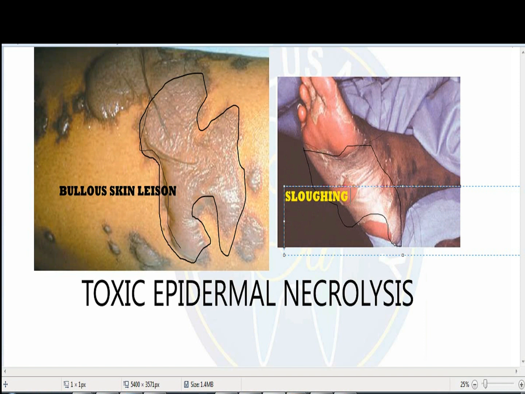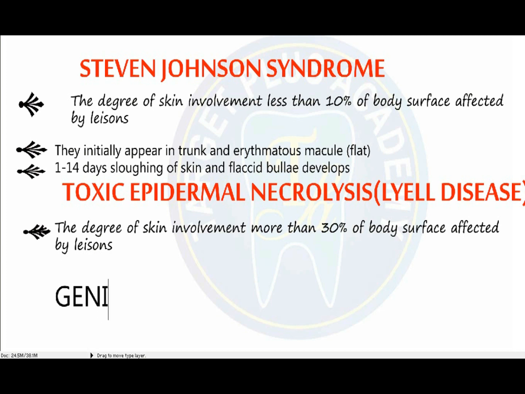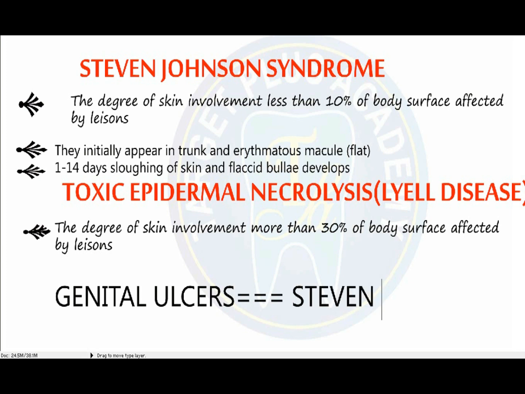You can clearly see the desquamation of the foot causing diffuse sloughing cutaneous lesions. Genital ulcerations are most common in Stevens-Johnson syndrome, which tends to be more severe than erythema multiforme major.